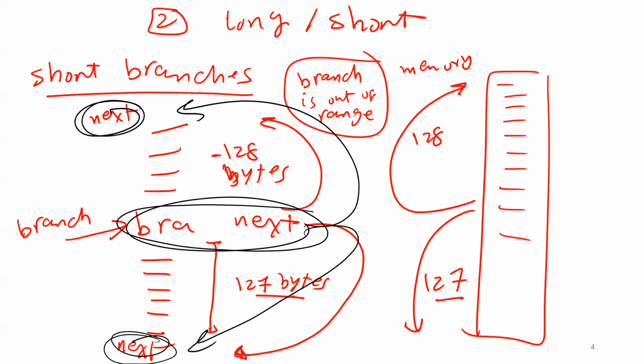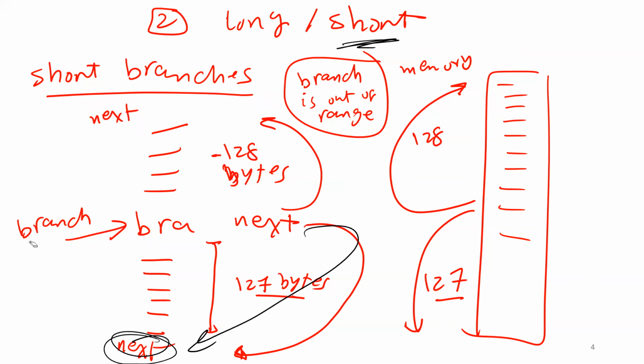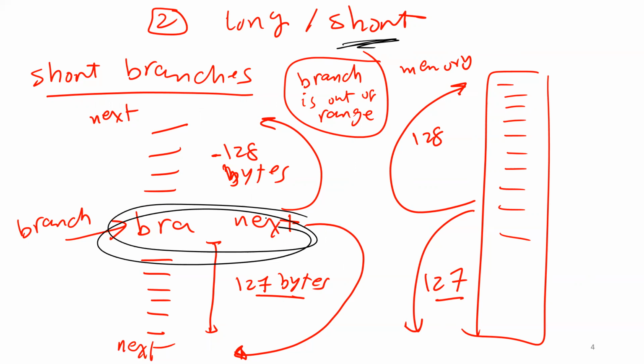So there is a target address if you jump. The question is, is there a limit? How many bytes can you jump, or not? If there is a limit, that's what we call a short instruction. So in case of a short instruction, guys, if you are here, the maximum you can go back is negative 128 bytes.